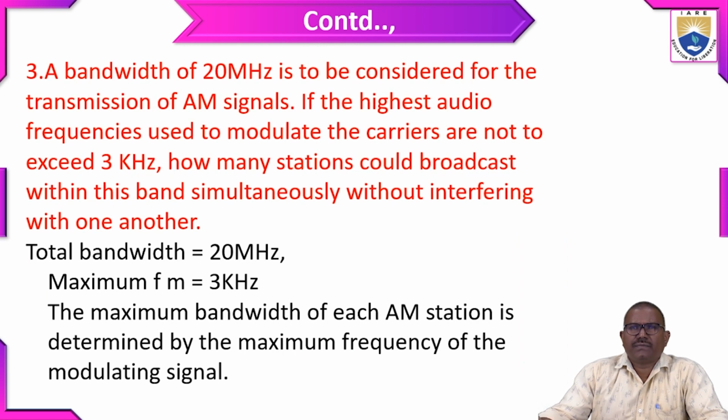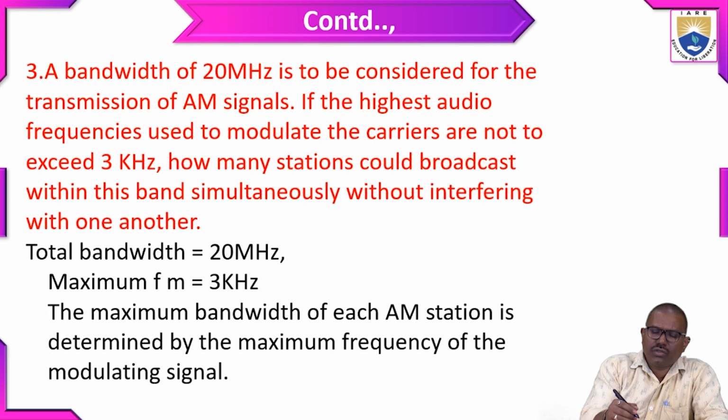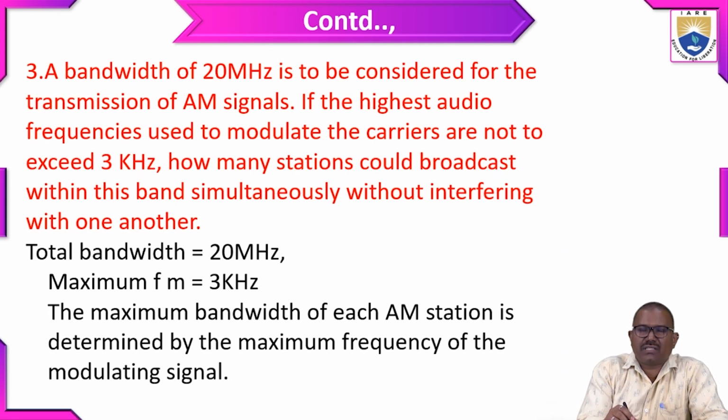So this is another type of problem we are going to deal with. In this problem, a bandwidth of 20 megahertz is to be considered for the transmission of AM signals. So here we transmit the AM signals, amplitude modulation signals, by using a bandwidth of 20 megahertz.